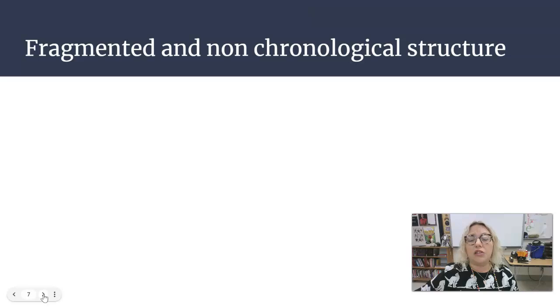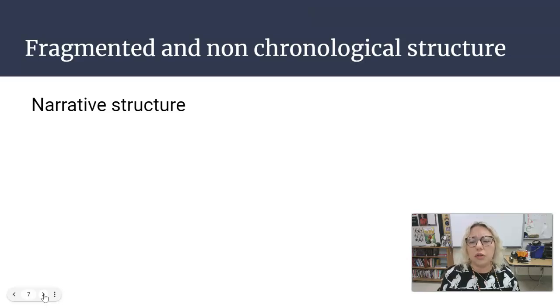Fragmented and non-chronological structure is our next one. And for this one, we're looking at the fact that the different chapters are structured differently. This is the plot, really, the narrative structure. So the movement of the events and how they are told, how they are conveyed.